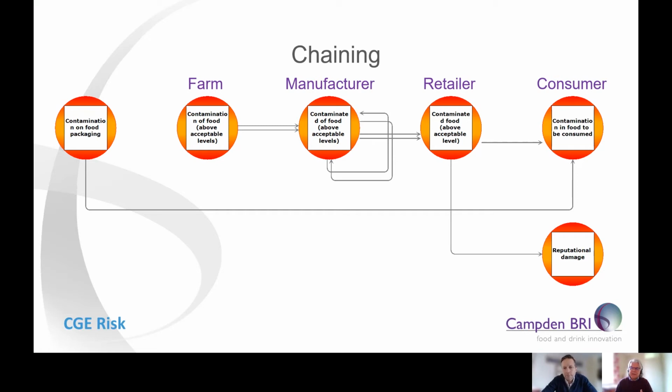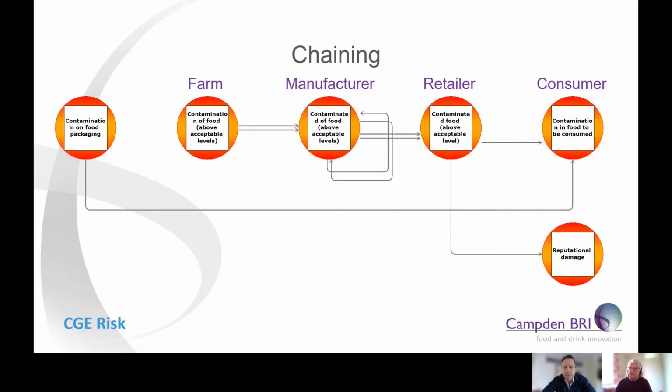So this is something where we start to have a much better picture. We start to realize where our threats may come from. They may not always come from our immediate supplier or within the manufacturing process. And you can see this loop because it talks about the recontamination or additional contamination that may happen within the manufacturing environment as well.